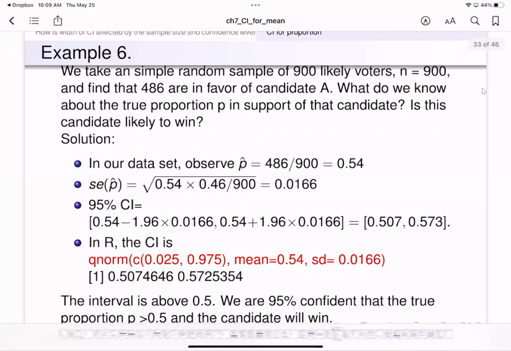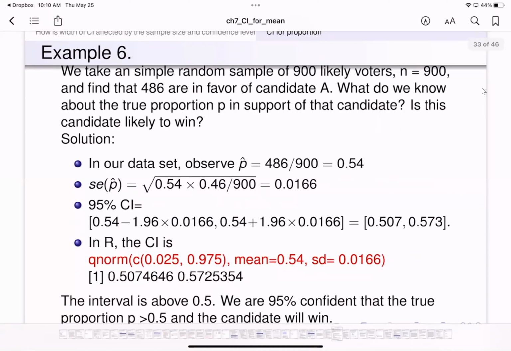Another example here: we take a simple random sample of 900 voters, and we find that 486 are in favor of a particular candidate. What do we know about the true proportion p in support of that candidate? Is this candidate likely to win? We don't really need to worry about how many candidates.